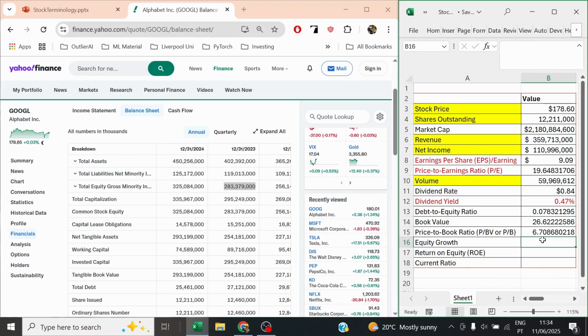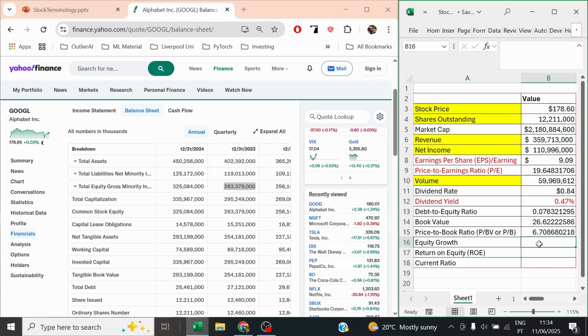Okay guys, so the next term is equity growth. It will depend on the time scale you want to calculate, but it's how much the equity of the company has increased in the range of time you want. Maybe just for example, let's calculate the equity growth from 2023 to 2024.